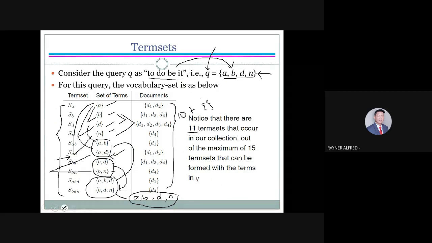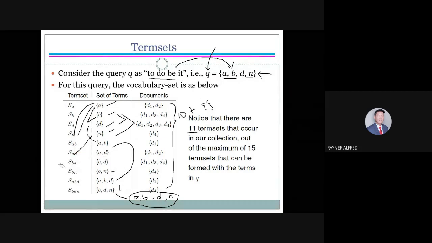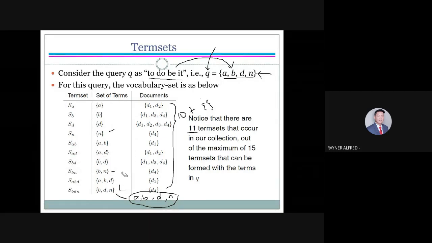So that's why at the end we only have this. That's how we create the list of term sets.